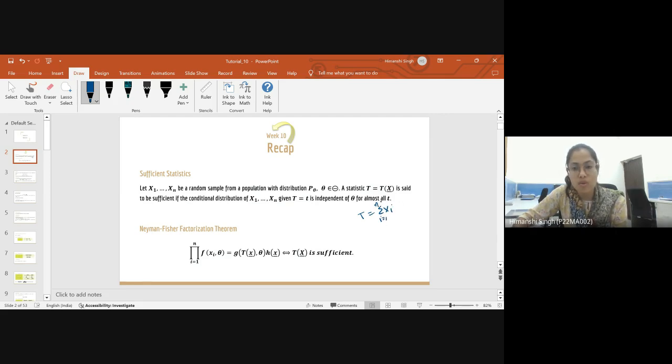By the knowledge of this T, I can again generate the random sample x1, x2, xn. So I do not need to store the data on my device. I only need to store this T, because T is a sufficient statistic for the distribution. So basically it helps in data reduction, and that's why the notion of sufficient statistic is important.